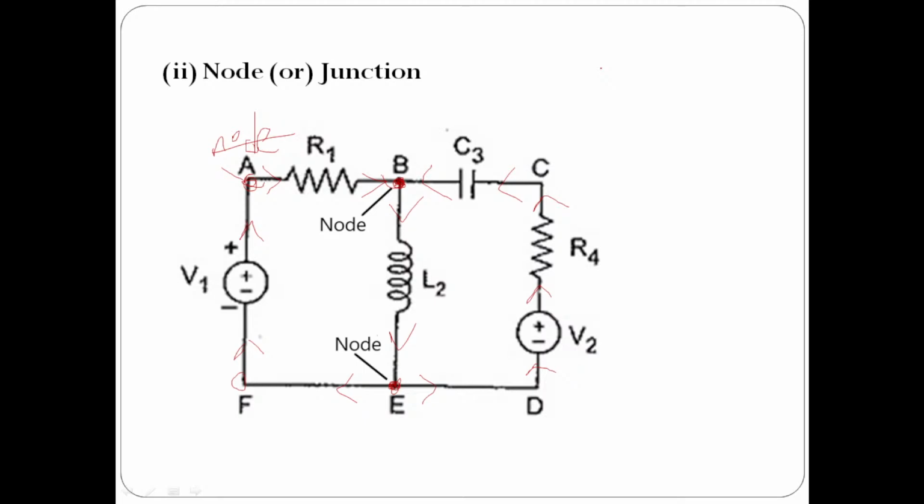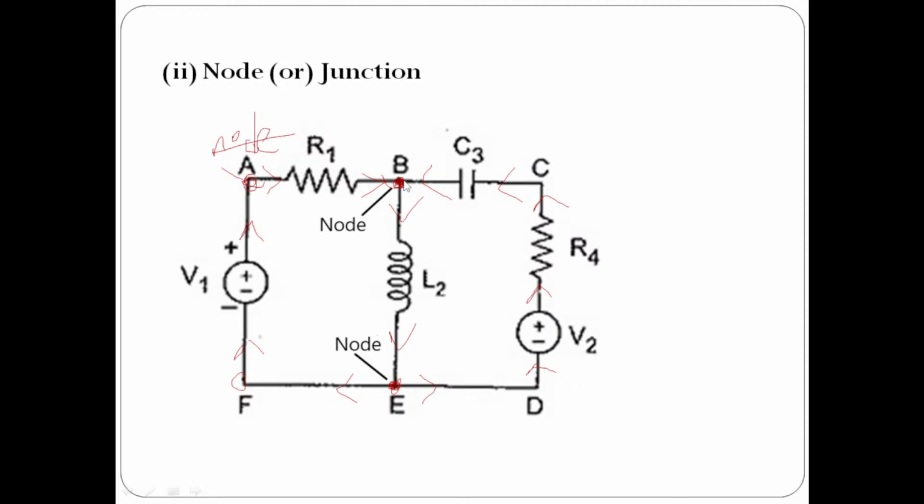So you can call it a node, but it's better not to, because at whichever point current division is not taking place or current is not adding up with any other current, it's better not to call it a node. You can call it simply a terminal where two branches meet, or you can call it a junction, but you can't call it a node.